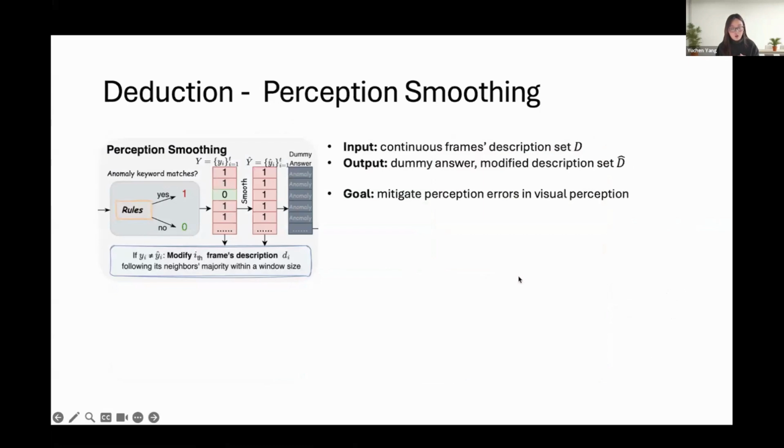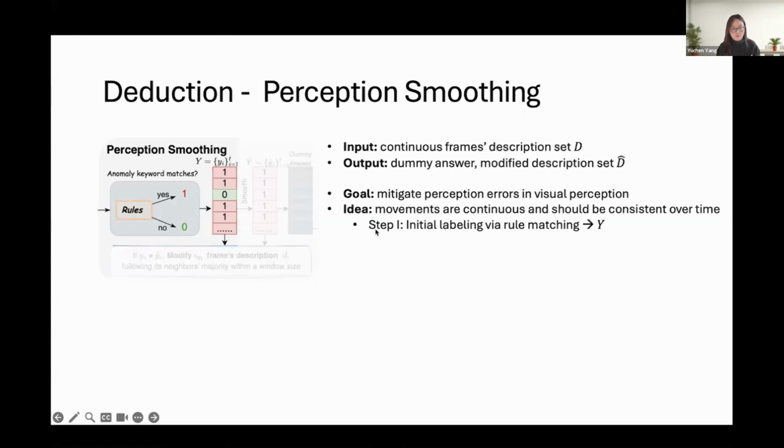So the goal is to correct the errors in the visual perception. For example, an image showing someone running might be mistakenly perceived as walking, and such misclassification can lead to false negatives in the anomaly detection. The idea is that movements are continuous and should be consistent over time.